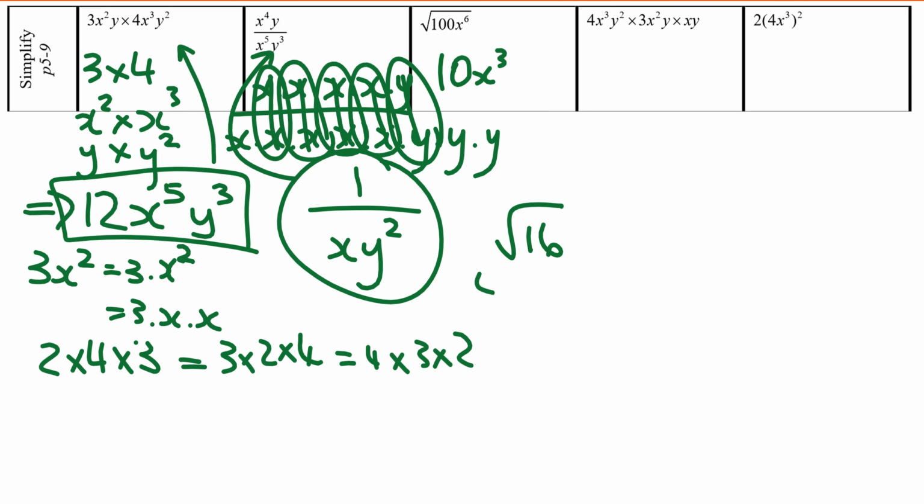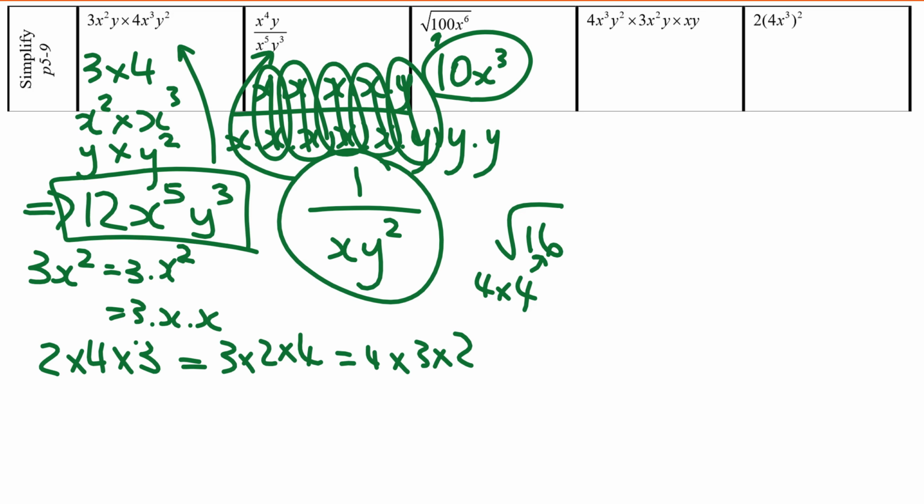Because 4 times 4 is 16. So in other words, what number times itself will give you that? That's the easiest way of thinking about it. 10 times 10 is 100. x cubed times x cubed is x to the power of 6. Happy with that? Okay.